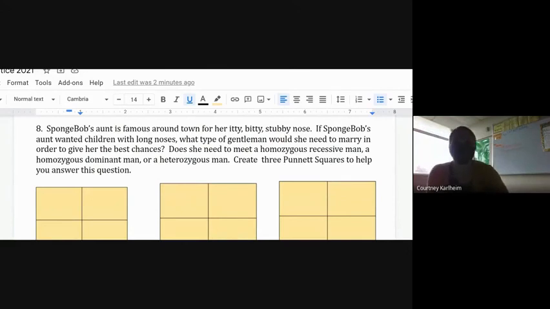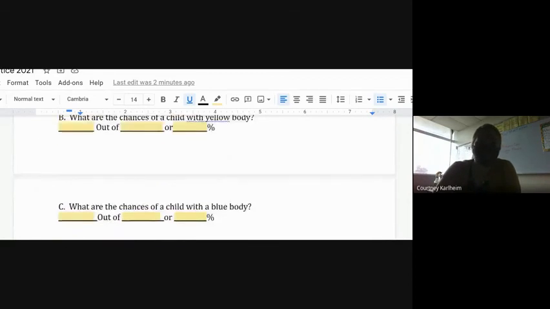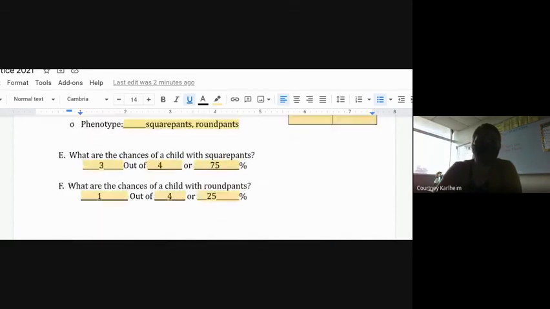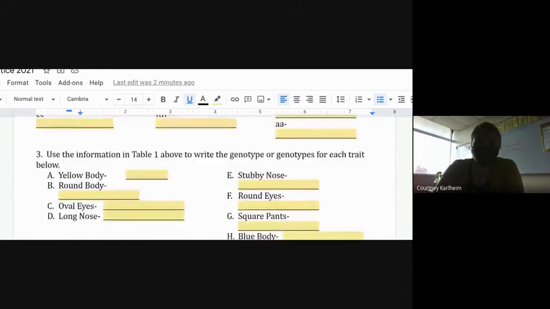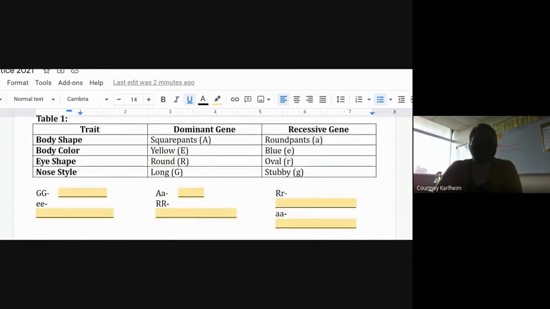Okay, so the last one is about their noses. So SpongeBob's aunt has a small or stubby nose, so let's just go look at what that is right away. And a stubby nose is recessive, so she has to have 2 small G's. We know that automatically because in order to have the stubby nose, you have to have 2 little G's.